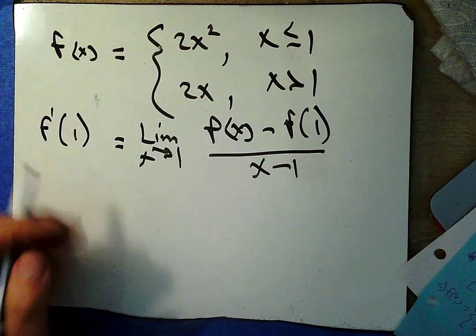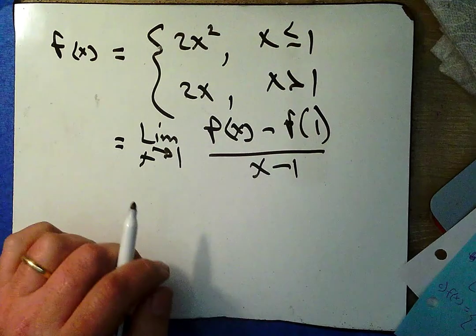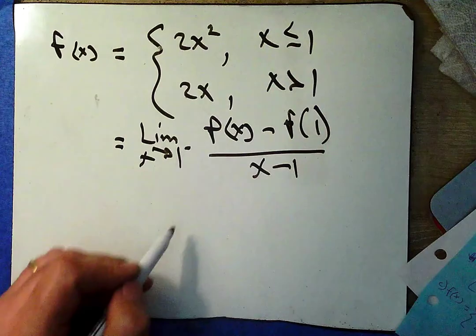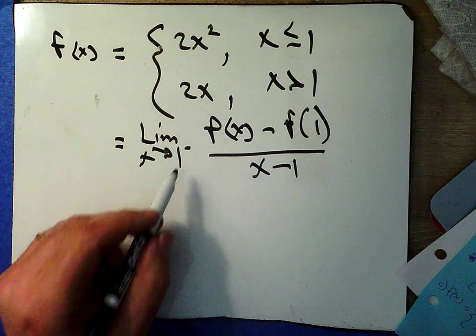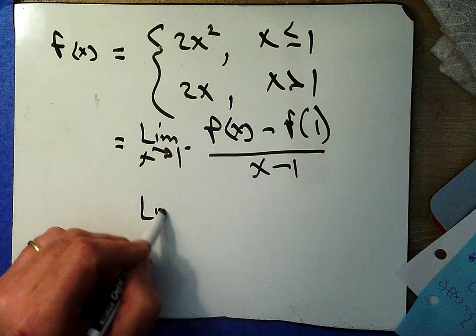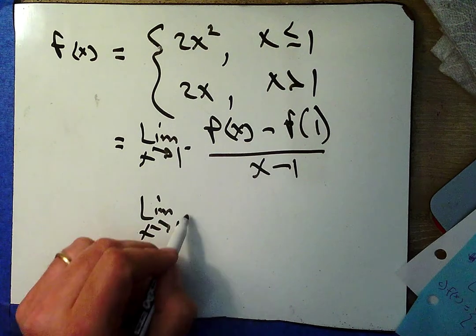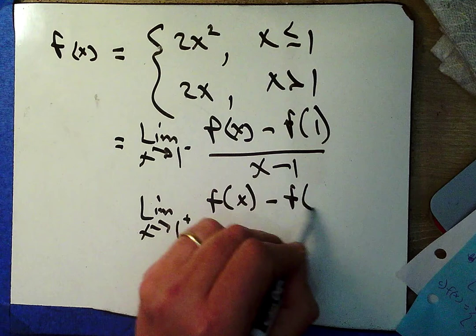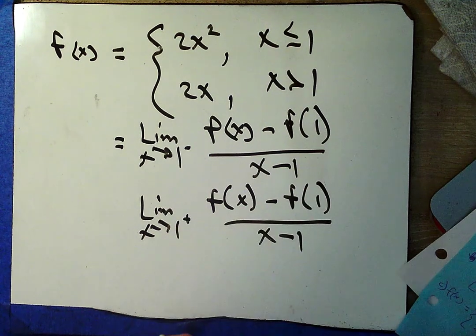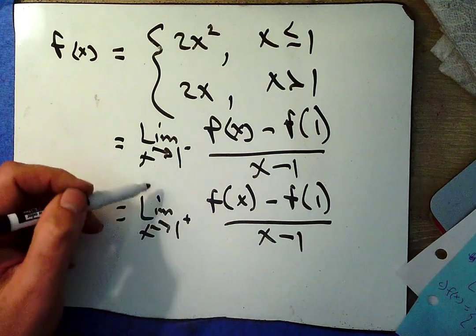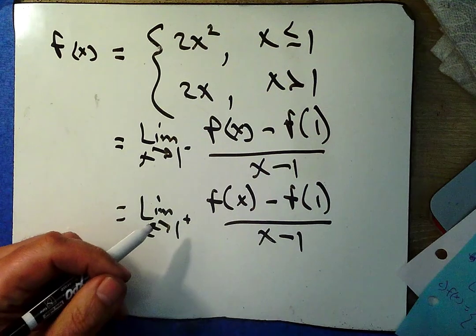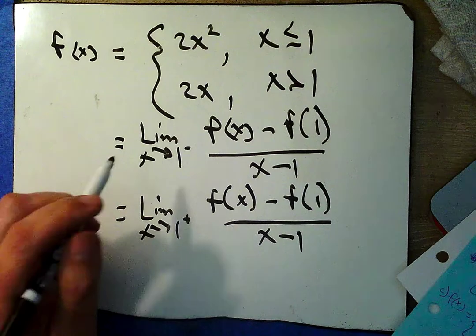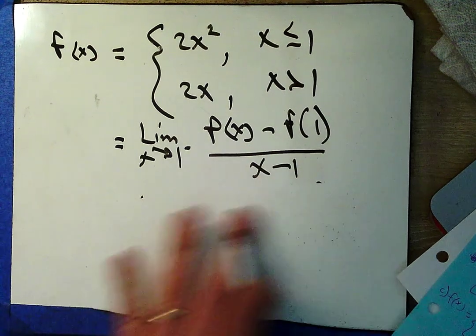And so really what I want to do is confirm first that this exists, approaching 1 from the negative side, and x approaches 1 from the positive side. And if these two are the same, then no problem. I can find the slope at that point. Okay, so let's start with this one.